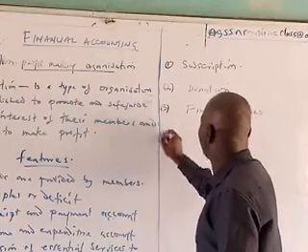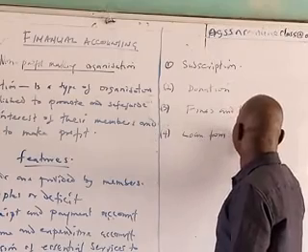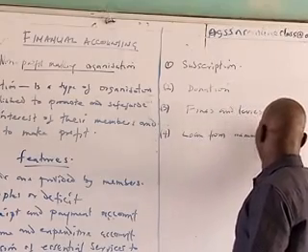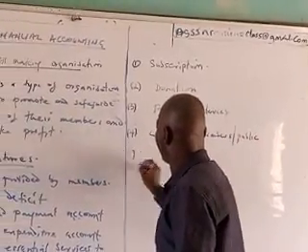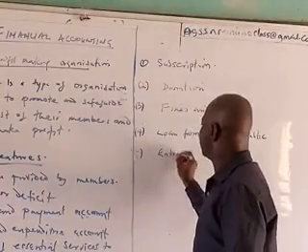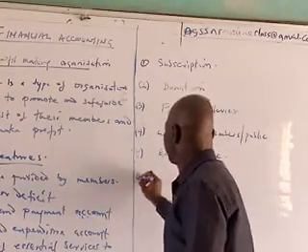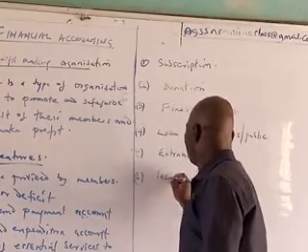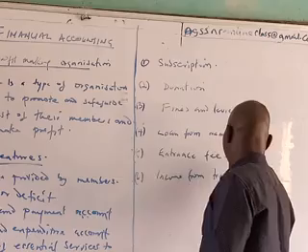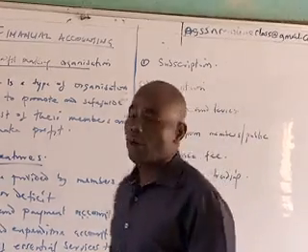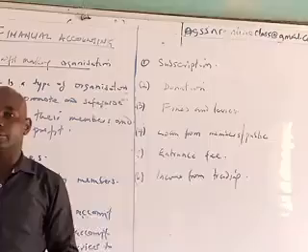Number 4, loan from members or public. 5, entrance fee. And number 6, income from trading. These are some of the sources of funds to a non-profit making organization.